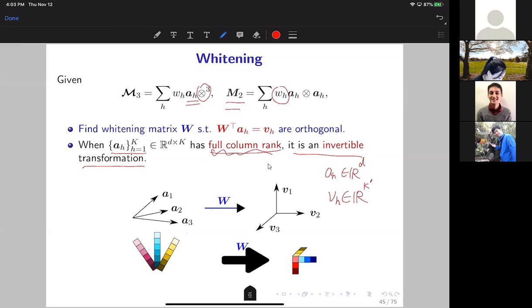I don't want to confuse you because we've been using K, but I used K prime for a purpose, because usually this K prime can be very close to capital K, the number of components or the rank of the tensor. So W would be something like D by K prime.